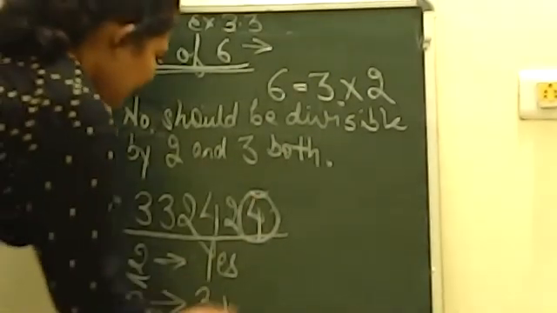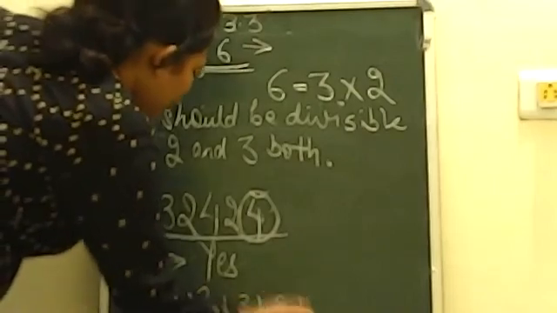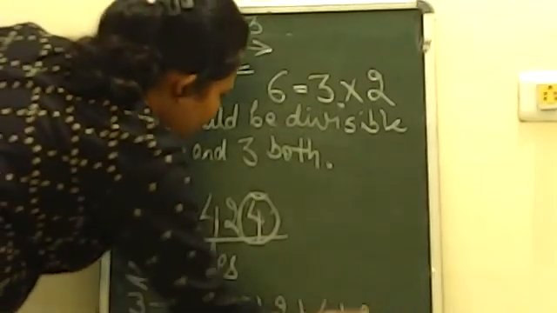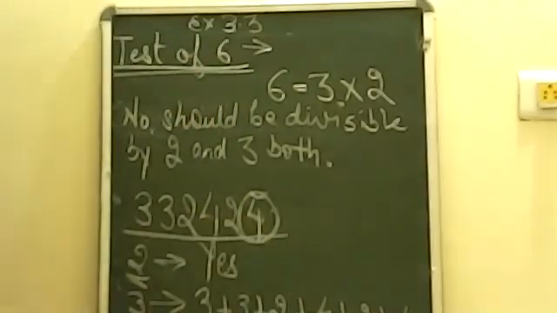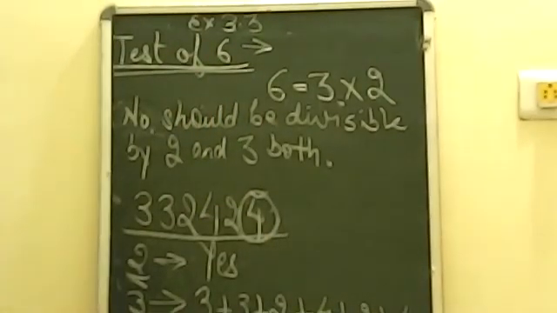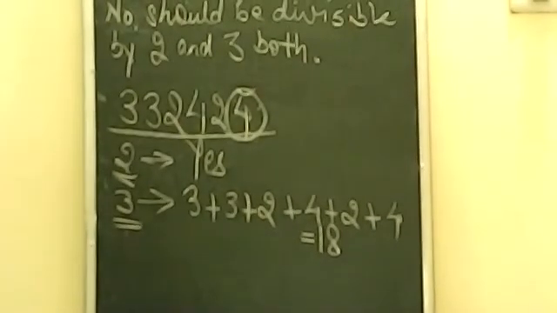It means 3 plus 3 plus 2 plus 4 plus 2 plus 4 is giving me 18. And you know that in the table of 3, 18 comes. 3 6s are 18.